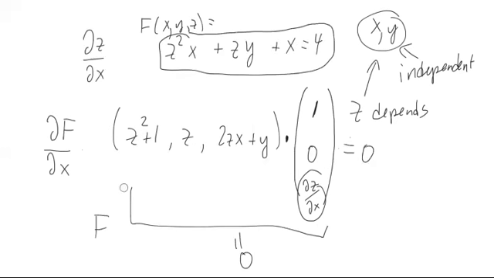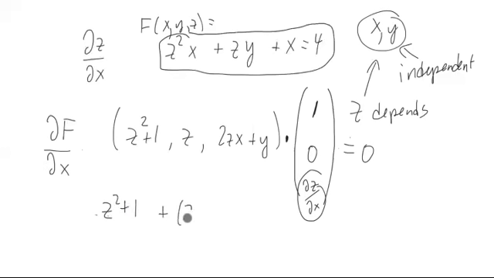So in taking this dot product, we come up with a relationship where we can actually solve for partial z, partial x. When we do that, we get z squared plus 1 plus 2zx plus y times partial z partial x, and that's equal to 0.